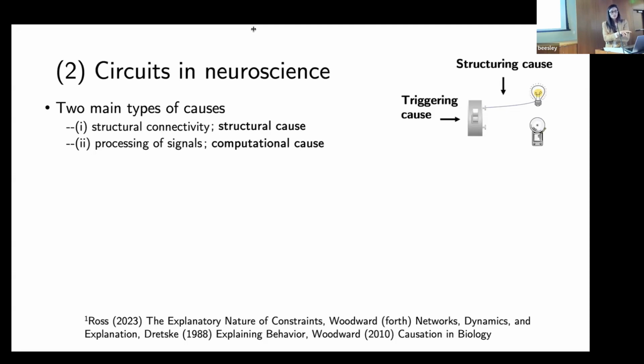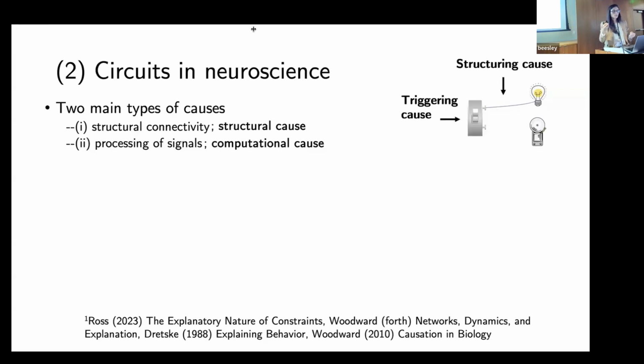This is related to discussions of constraints in philosophy of science. There are really fascinating discussions of constraints in philosophy of physics, where they're viewed as providing impossibility explanations. We can see that a little bit here in the sense that our structuring cause can allow us to explain why in this system it's impossible to turn on the bell.